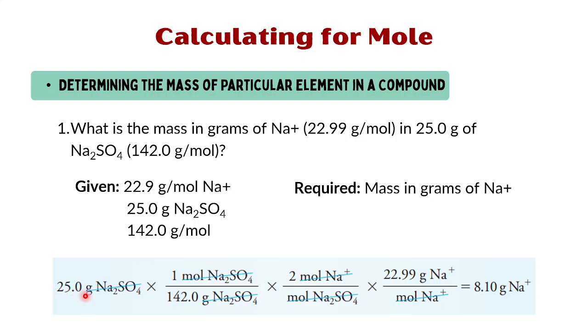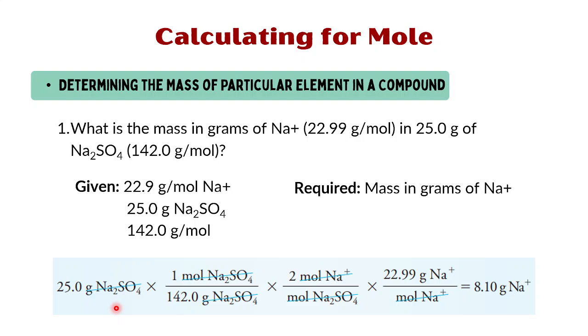So here, we write here 25.0 grams of sodium sulfate times 1 mole of sodium sulfate divided by its molar mass, which is 142.0 grams of sodium sulfate. So, class, as I mentioned earlier, this 25.0, this variable, this mass, you can put a 1 under it or not.